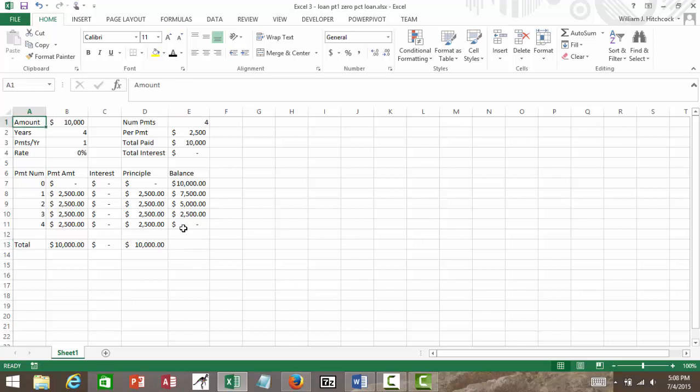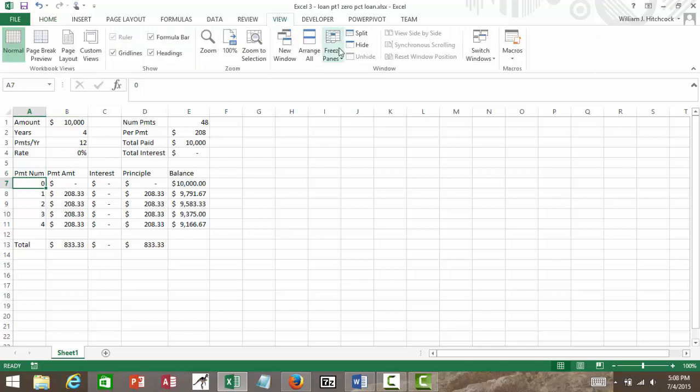So we're just about done with our loan. I'm going to save this. If we have, say, 4 monthly payments and make this 12 and have to extend this out for 48 payments, what I want to do is use freeze panes on this. So I'm going to go to View, Freeze Panes, and Freeze Panes.